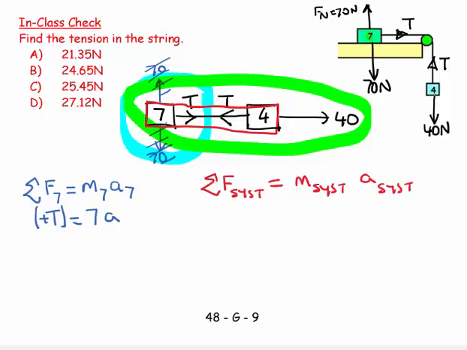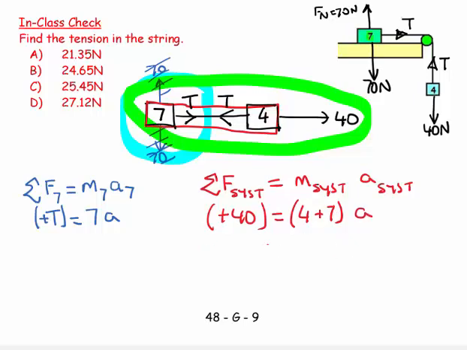The sum of the forces, there's only going to be the plus 40, is equal to the mass, and the mass is 4 plus 7, and I like to write it like that so that I remember that I did take that into account. I didn't forget to add them together, times A.